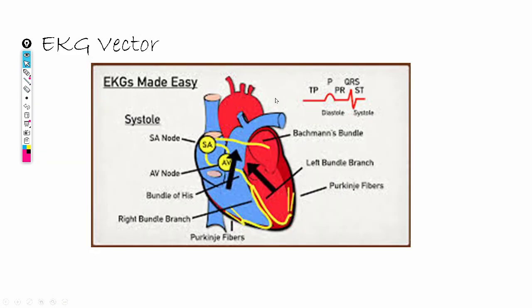So let's take this diagram of the heart. Now you can think of electrical depolarization waves. It's like a wave that goes from here, then goes here, then from here, then goes here. But keep in mind, when you sum up all these directions like a vector, it ends up looking something like this.